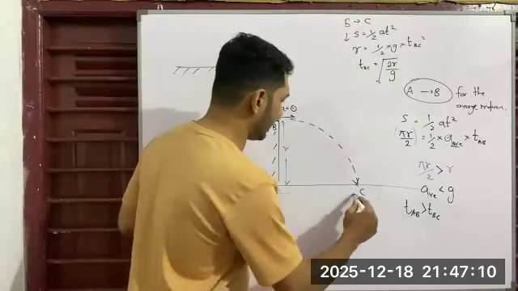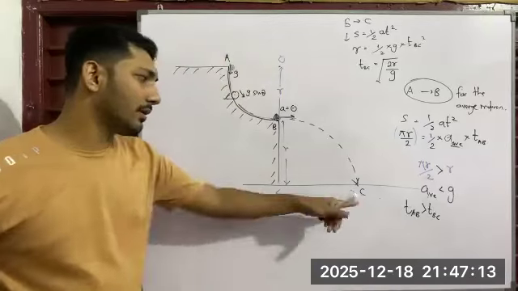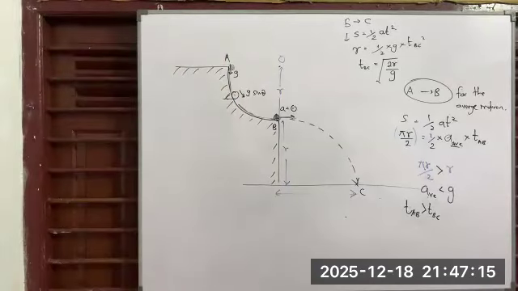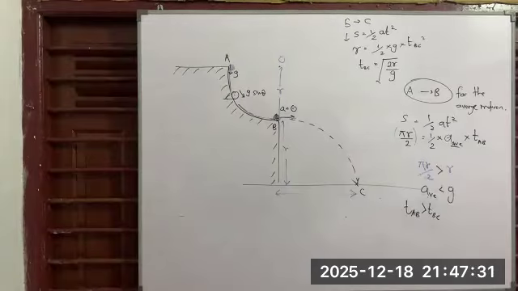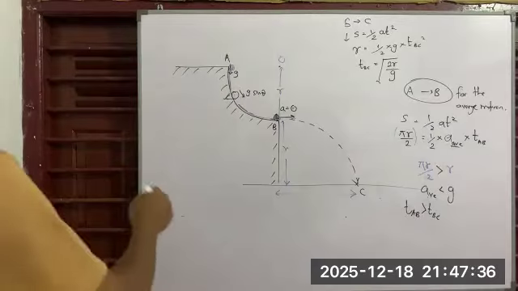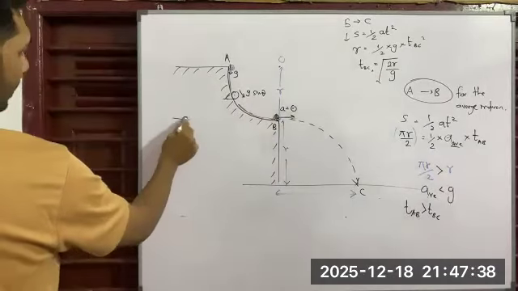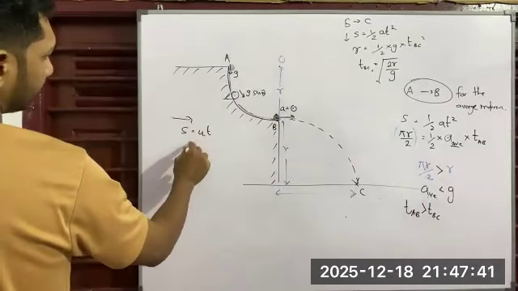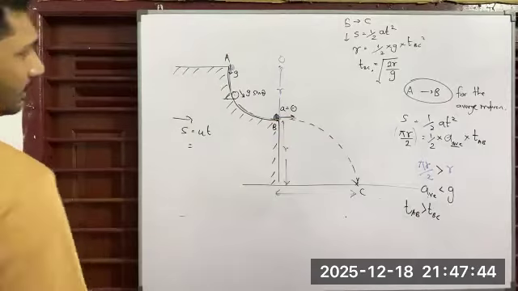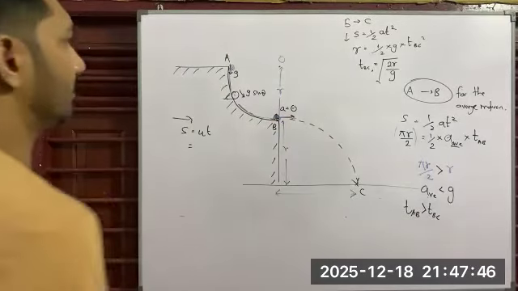Now, can you find out the horizontal range? Anybody who found out the range? Yeah, you have to use the equations. First, you need to find out the time. Time is already there for you. Horizontally, you have to use S is equal to UT. What is the velocity here?